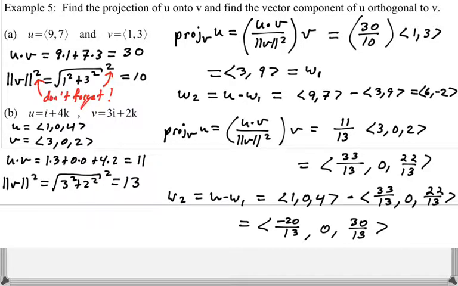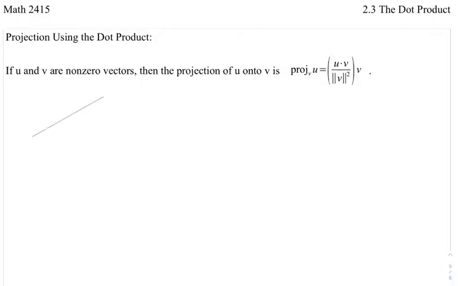All right, let's look at the projection again. Projection using the dot product: if u and v are non-zero vectors, then the projection of u onto v is u dot v over the magnitude of v squared in the direction of v.